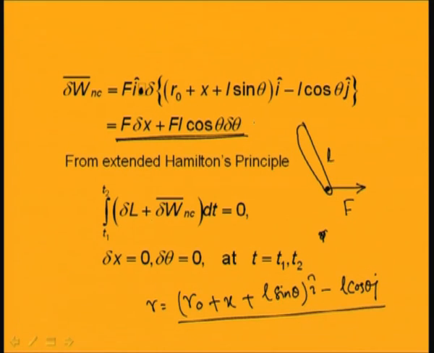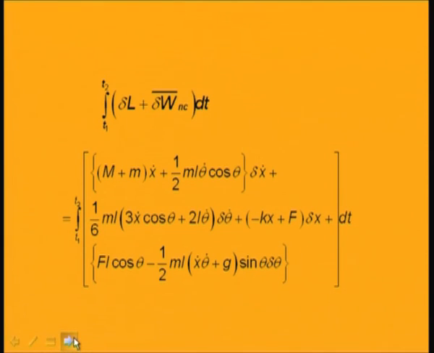So using this extended Hamilton principle, integral of (delta L plus delta W_NC) dt equals 0. So here delta x would be equal to 0 and delta theta will be equal to 0 at t equal to T1 and T2. So using this expression, now you have to expand these terms. While expanding, you just note that this is delta x dot and this is dt.